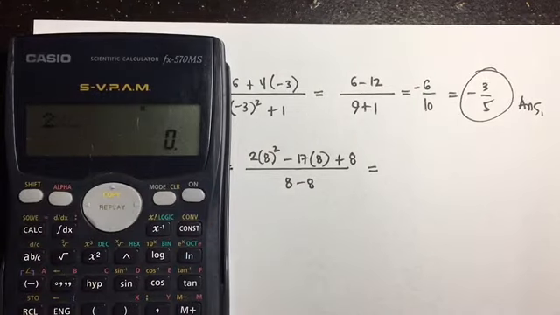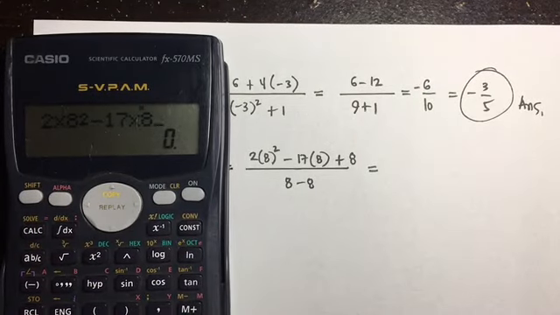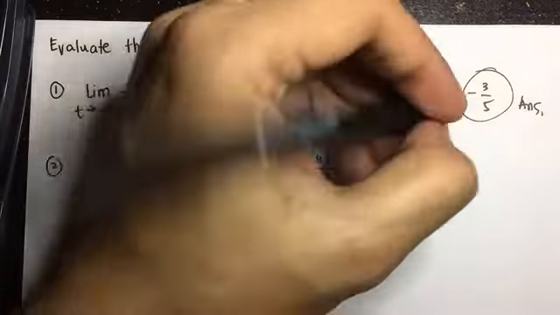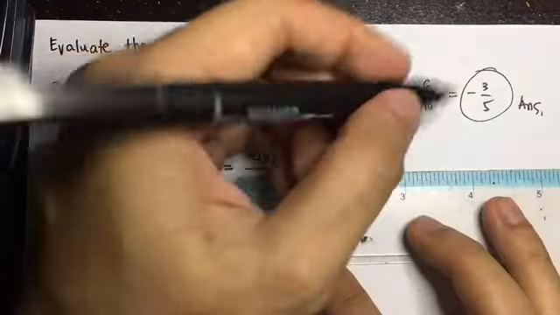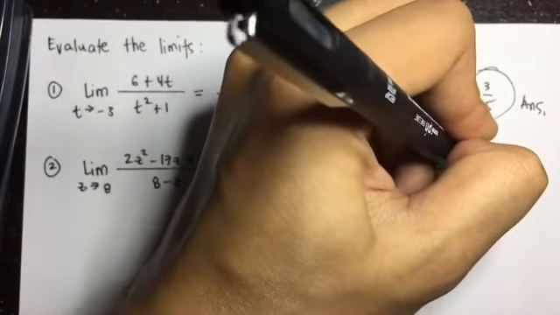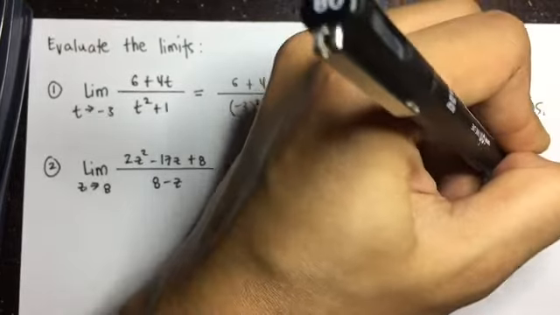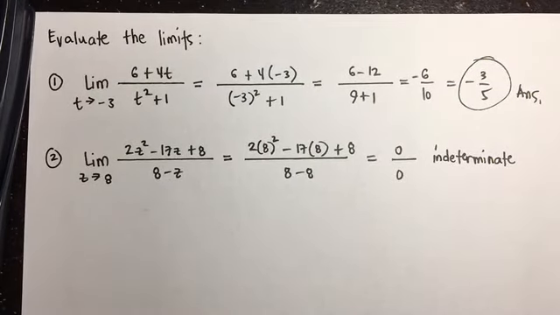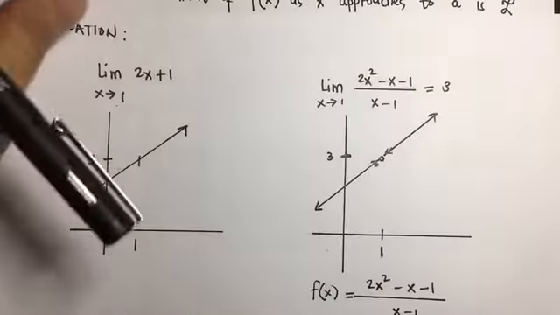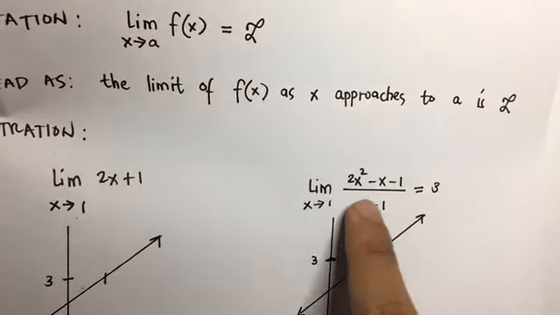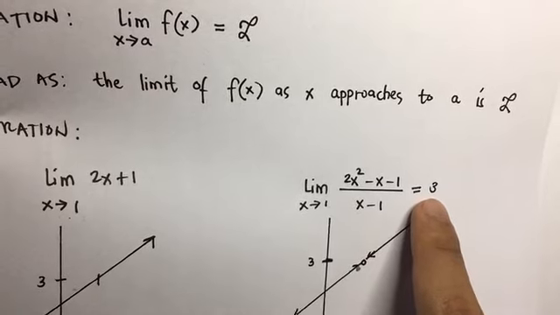Using our calculator, the numerator is 0 and the denominator is 0. So this is indeterminate. However, we don't jump to conclusions immediately. Similar to our illustration, the value of the function is indeterminate at the point, but it has a value for the limit.